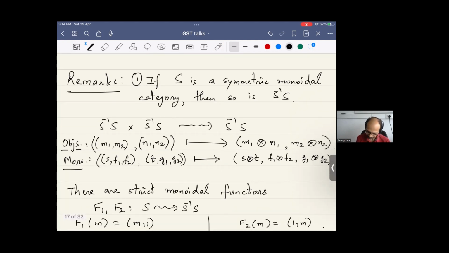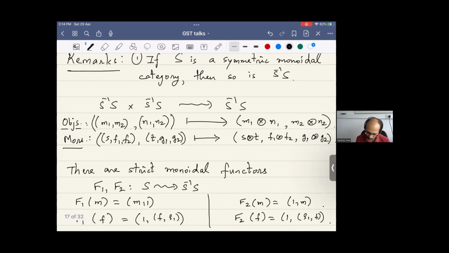So what is the structure on this? If you have M1 comma M2 and N1 comma N2, then the product structure is you just tensor them, you do the operations on each coordinate, right? And then if you have maps, so if you have S, F1, F2 and T, G1, G2, where does this go?